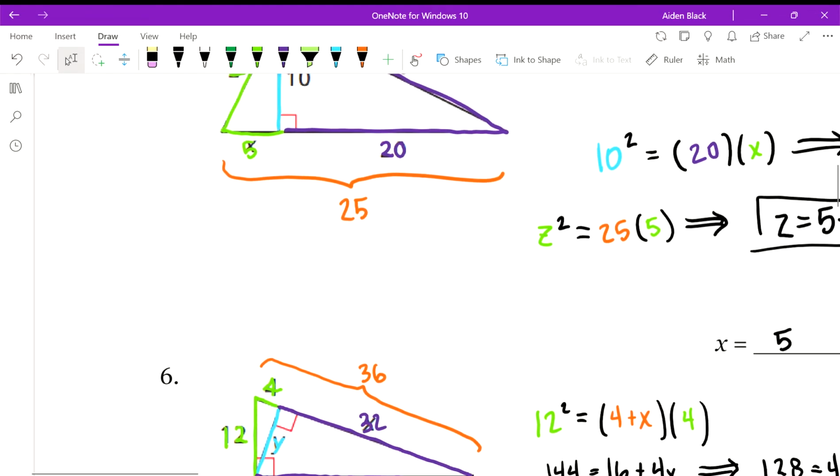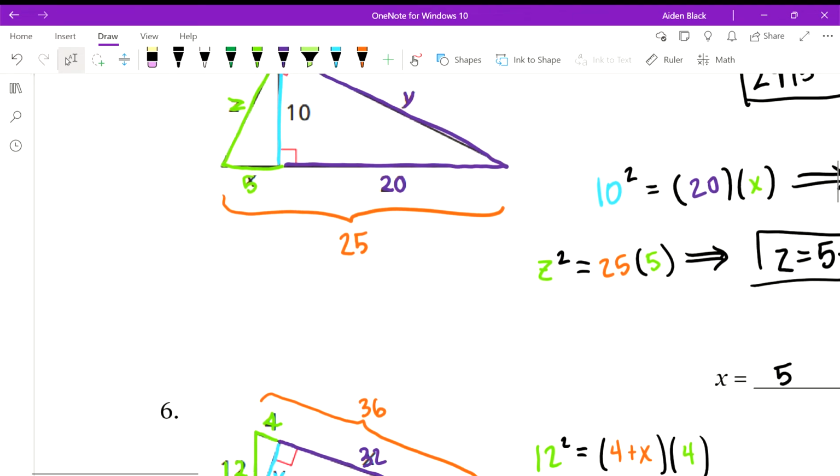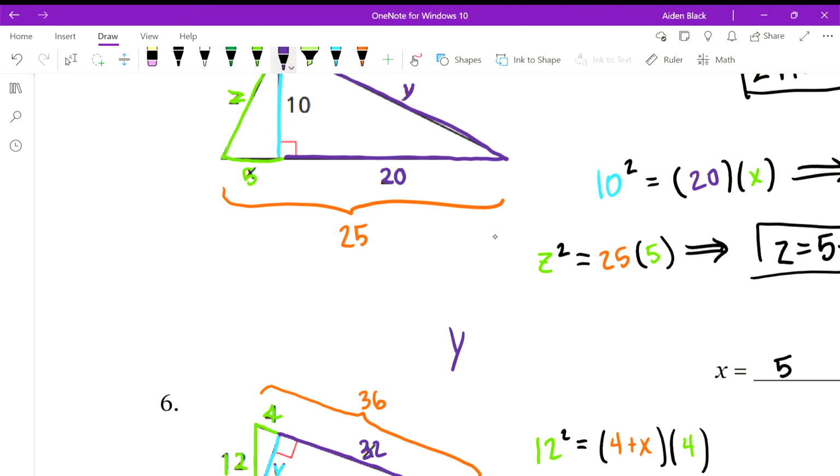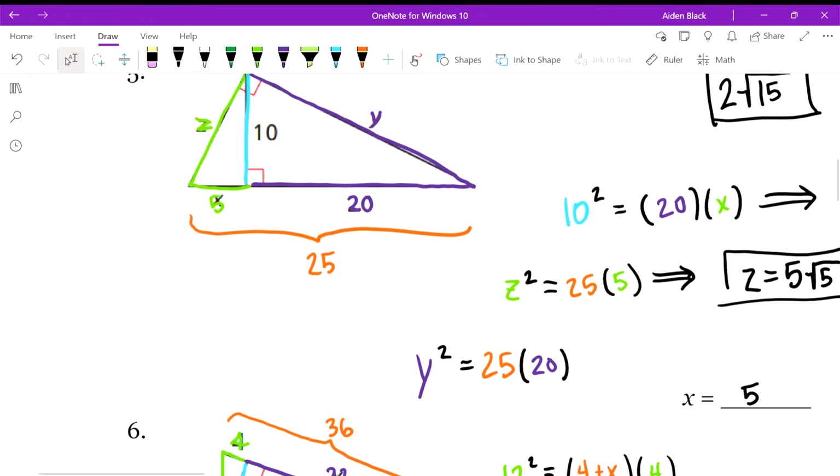Now let's look at our other leg. Our other leg is y, so y squared is equal to the whole hypotenuse times that part of the hypotenuse that is adjacent or next to that leg, y.